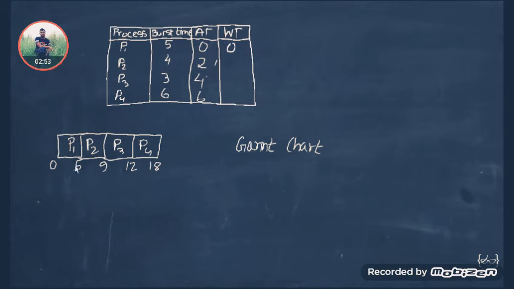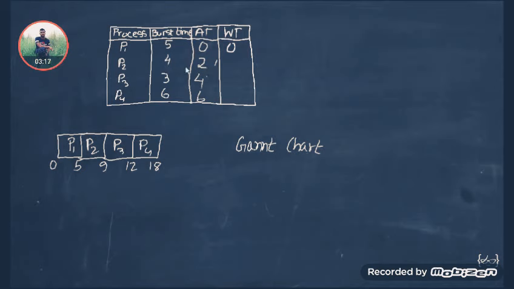Now it executed till 5 seconds, alright, but within that time the process P2 has already appeared in the queue. But we had to complete the whole first process till 5, and then we started executing process P2. So it had to wait some amount of time, right?